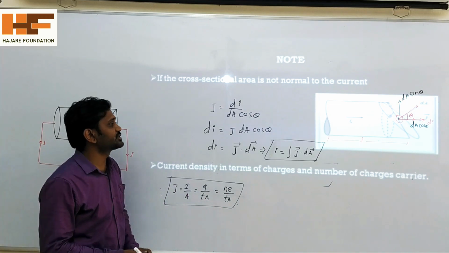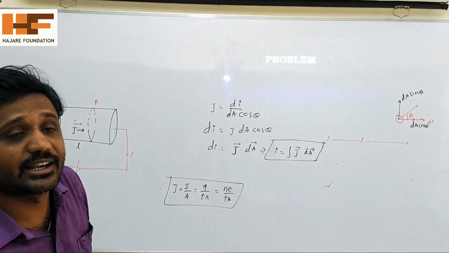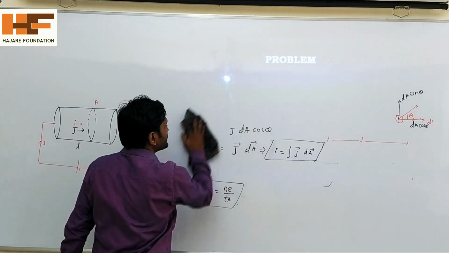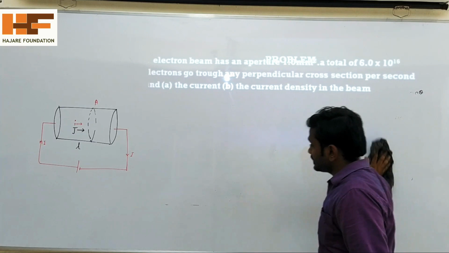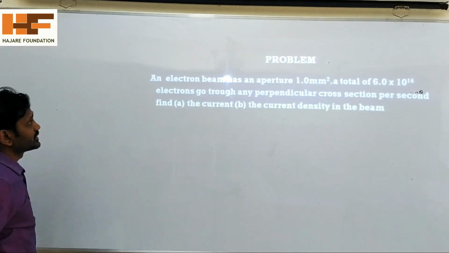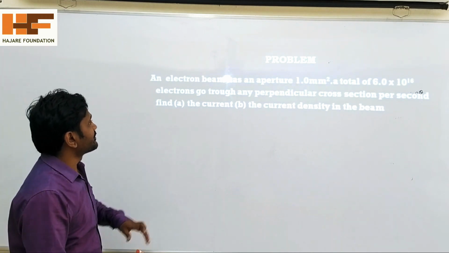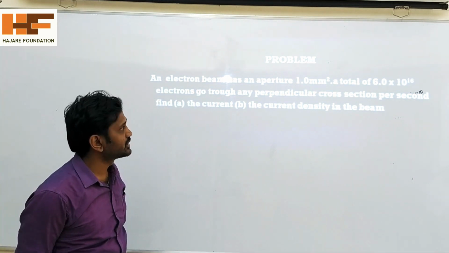Okay. Now I'll solve one problem on the basis of electric current and current density. The problem is: an electron beam has an aperture 1 mm square.